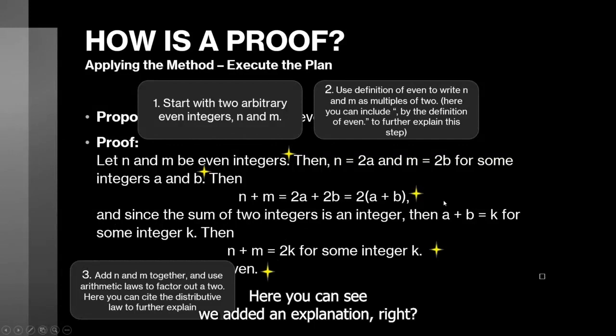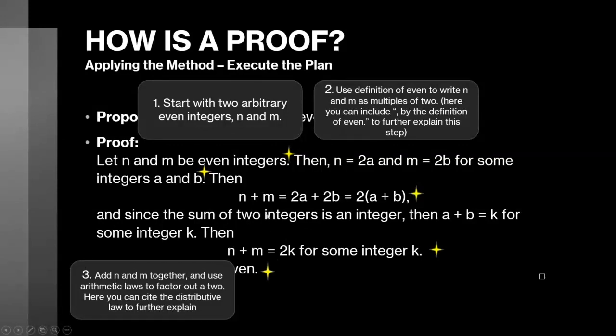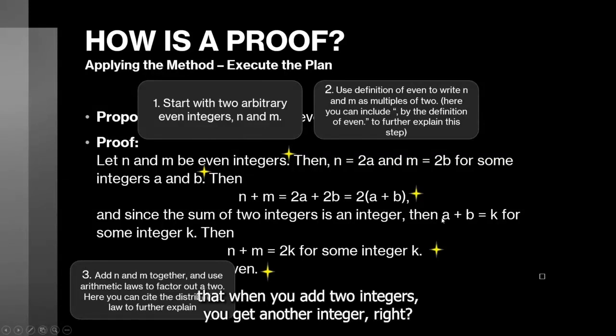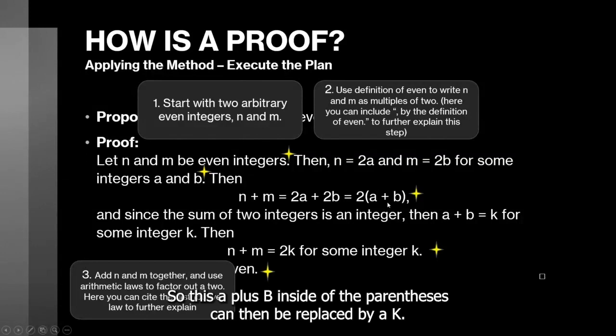Here, you can see we added an explanation. Since the sum of two integers is an integer, then a plus b is equal to k for some integer k. We're using the fact that when you add two integers, you get another integer. So this a plus b inside of the parentheses can then be replaced by a k.